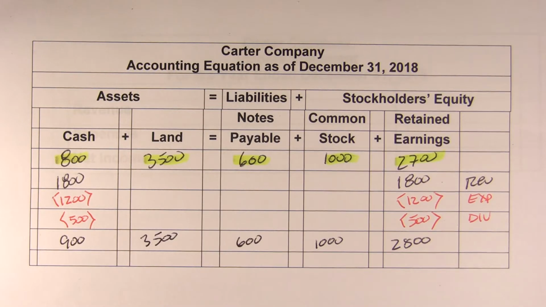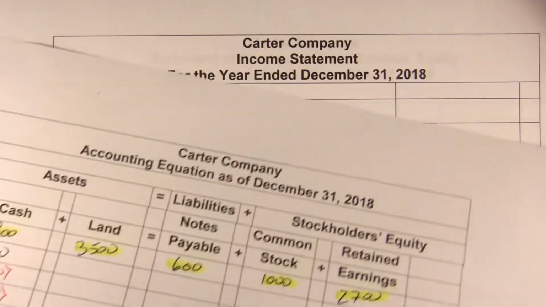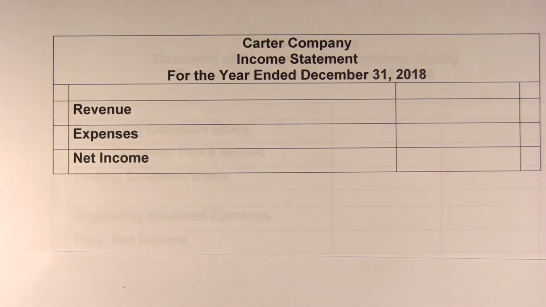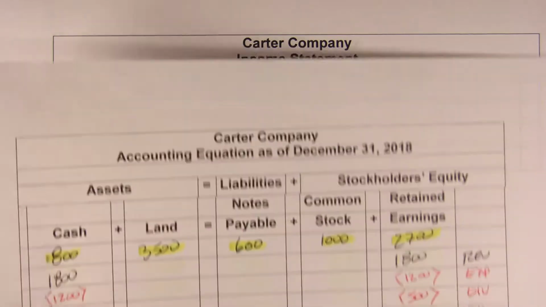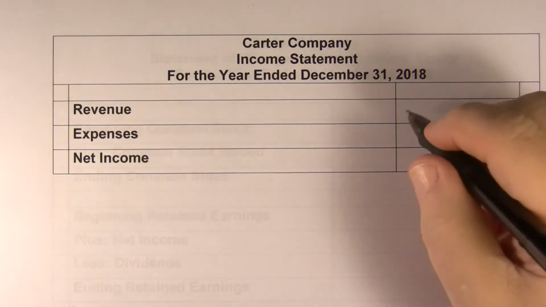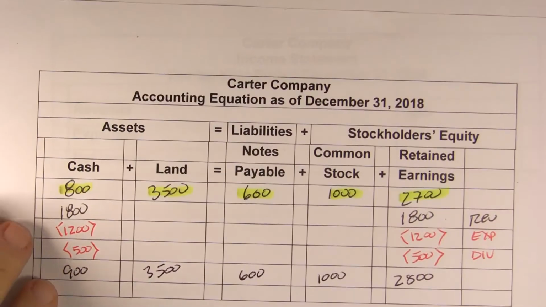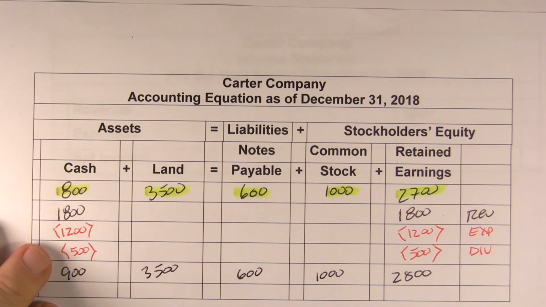So the next financial statement that we're going to prepare, and it's always the first one that we prepare, is the income statement. So we have revenue of $1,800. We have expenses of $1,200.